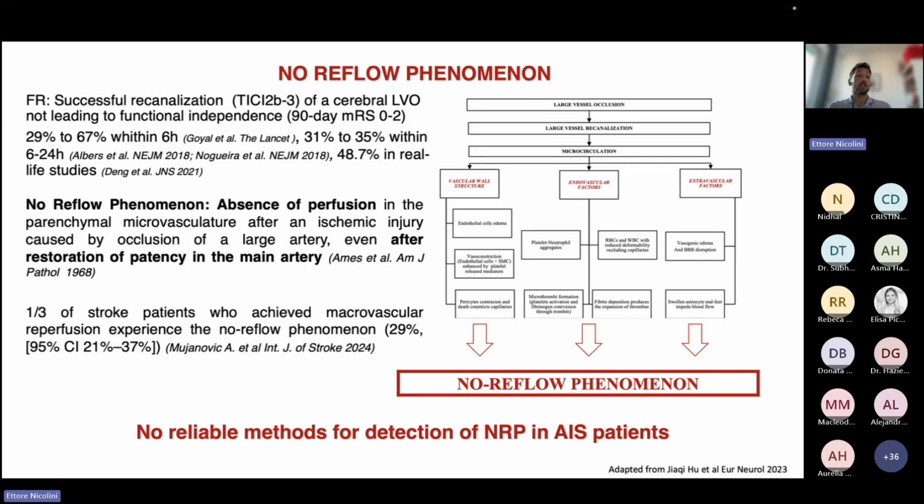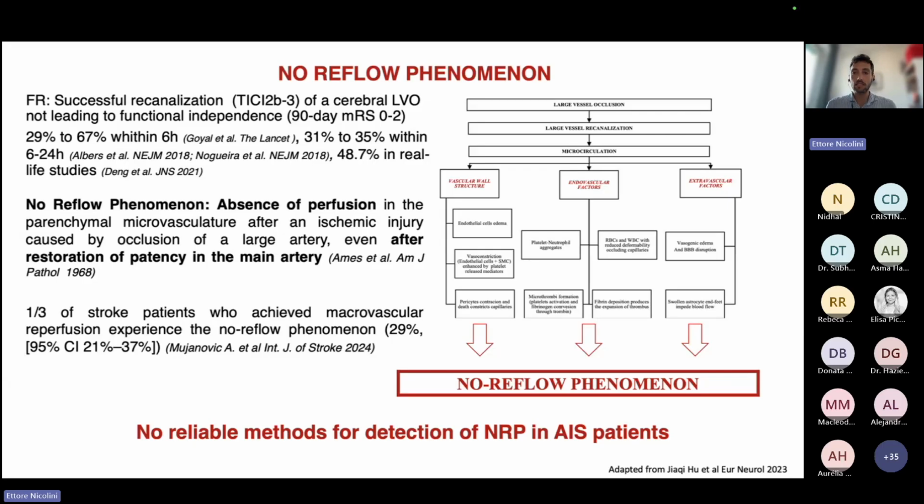So the patient where, despite a successful recanalization, we don't have a good clinical functional outcome. It is well known since the 1970s as an absence of perfusion in the parenchymal microvasculature after an ischemic injury, even though the perfusion has been restored in the main artery.